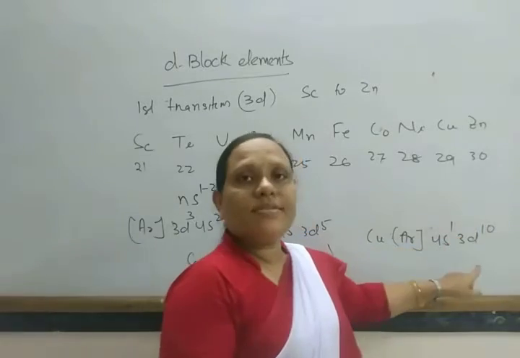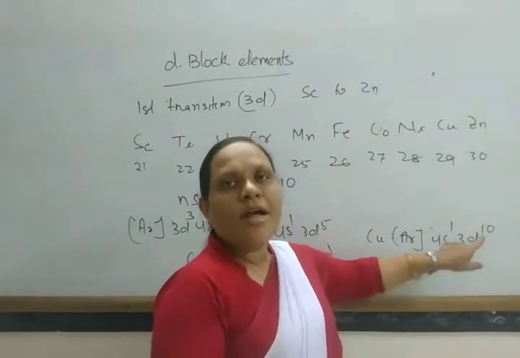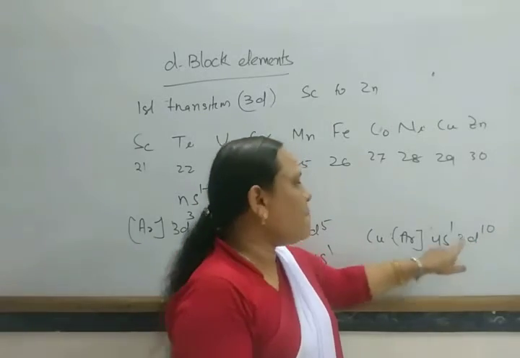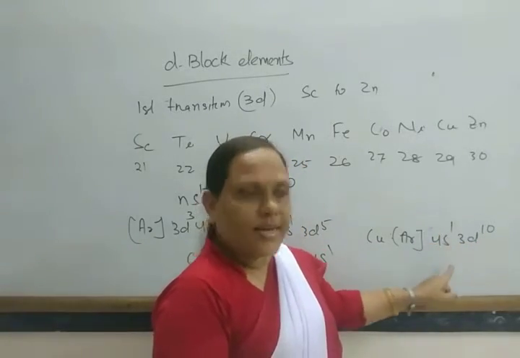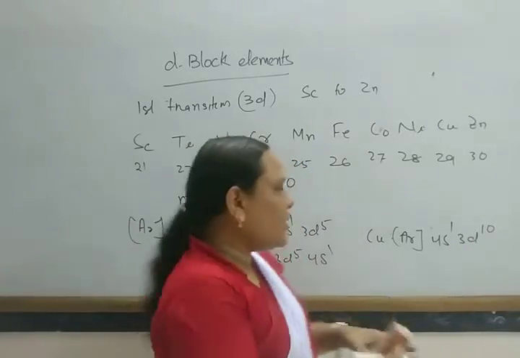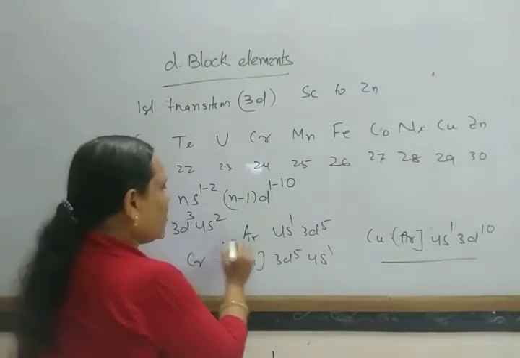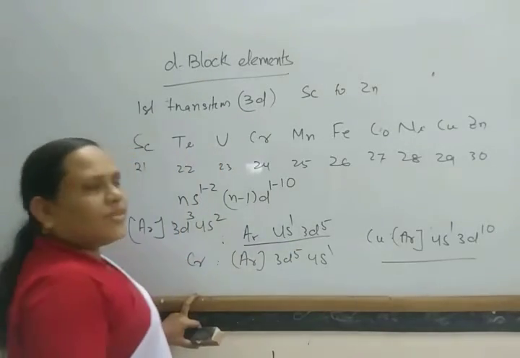The fully filled d subshell is more stable due to its more symmetrical nature. In this, one electron from s comes to the d. So for copper this is 4s1 3d10, and for chromium this is 4s1 3d5.